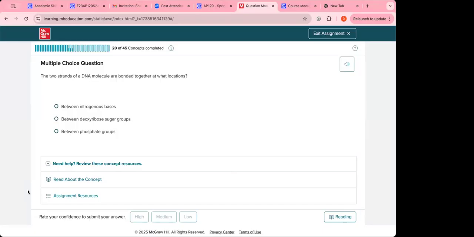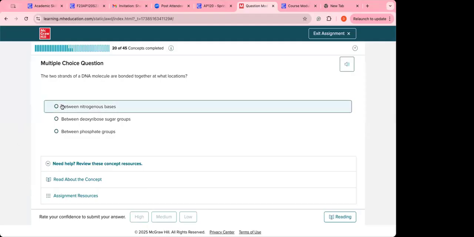The two strands, hydrogen bonds between pairs of bases. So that's what I'm saying. But I would say between nitrogenous bases is your best bet. Held together between nitrogenous bases.